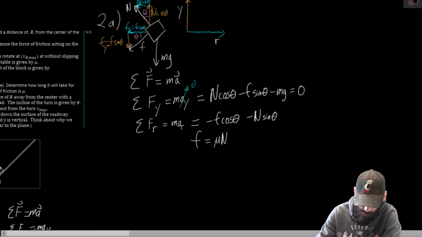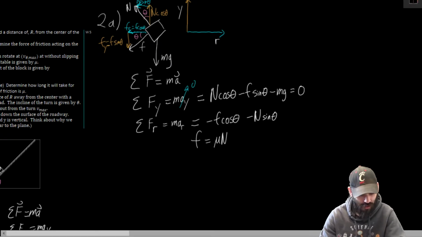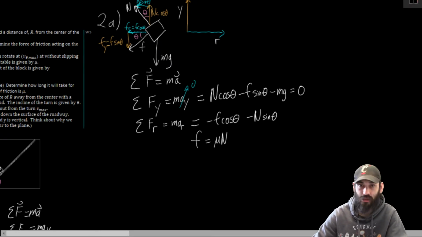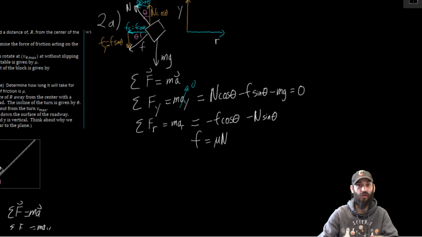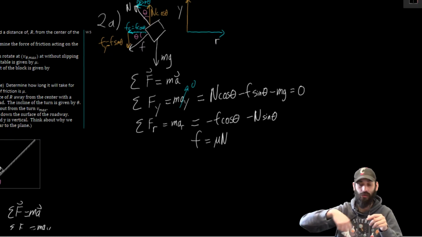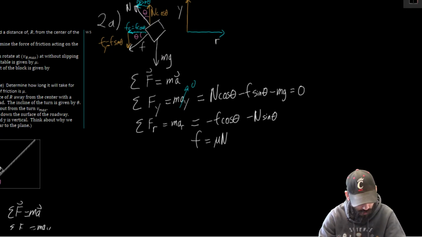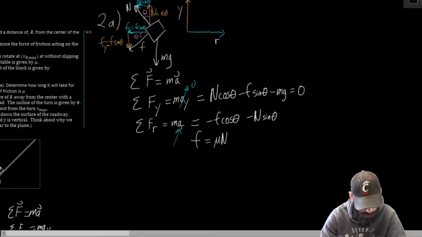But let's plug this into these two equations and collect things. The other thing that we can say is that I'm interested in some translational velocity, the velocity that this is moving with, not the angular velocity that's going around the circle. And so that means that this a_r can be written as a_r equal to minus v_theta squared over r.